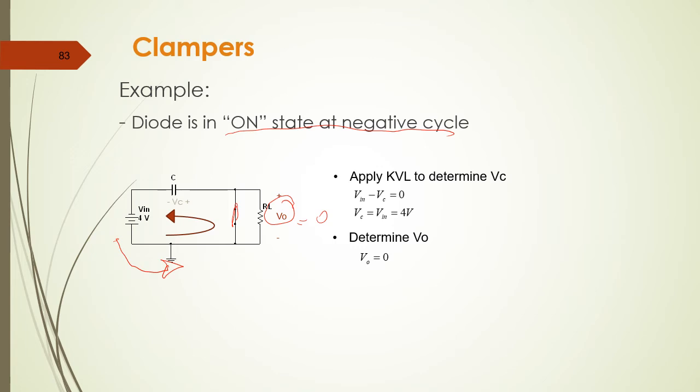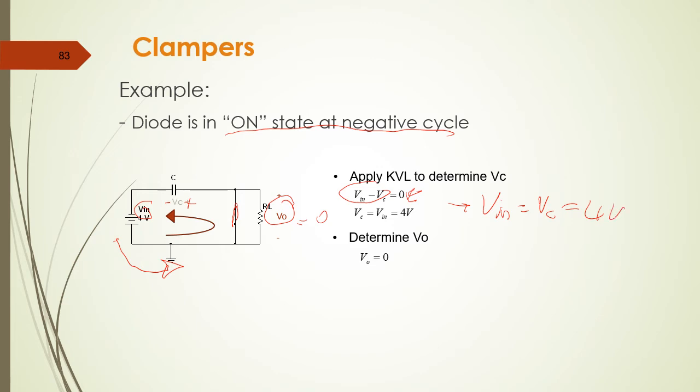Means we have V in minus VC, because VC is plus, this is positive. There is no other voltage, so it equals 0. Then we rearrange back, we will have V in equals to VC. What is the value of VC? The value of VC is equal to V in, which is equal to 4 volt.